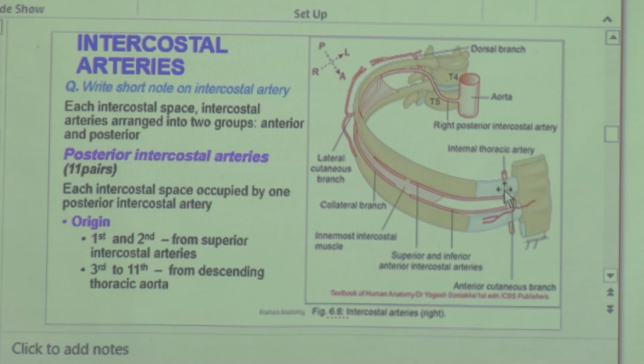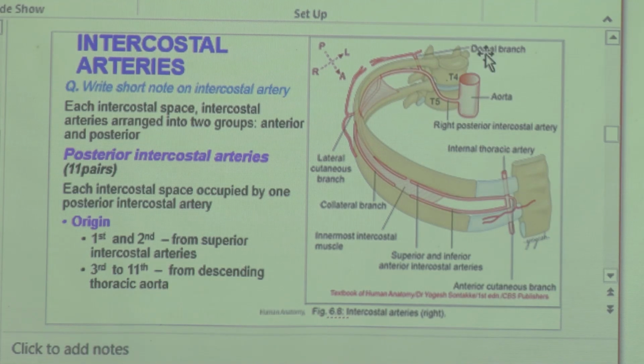This is the internal mammary artery or internal thoracic artery, which is present just lateral to the lateral border of the sternum, and this artery is coming from the subclavian artery, and this is the aorta.